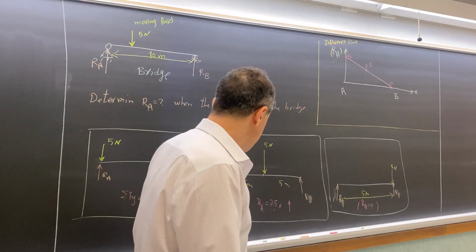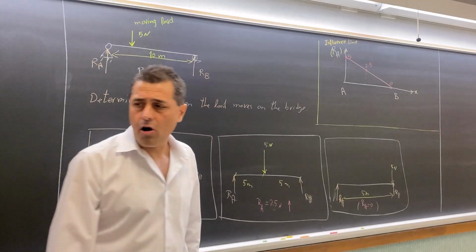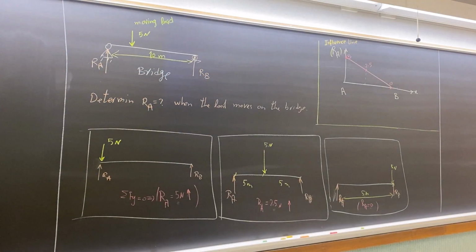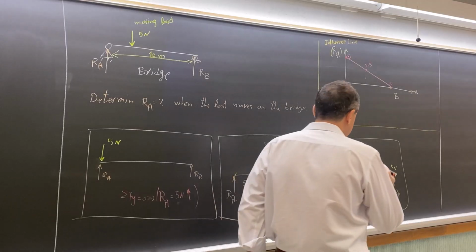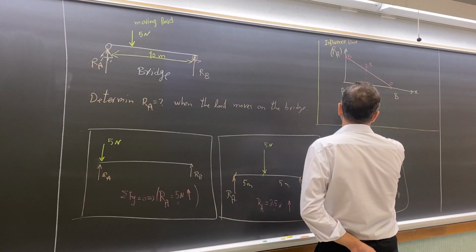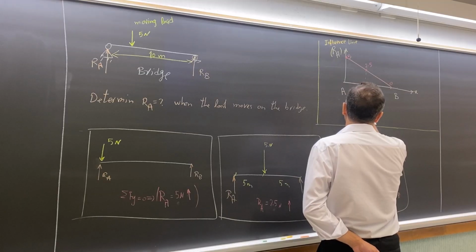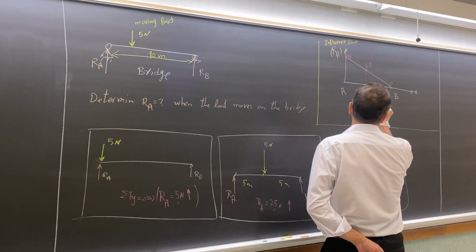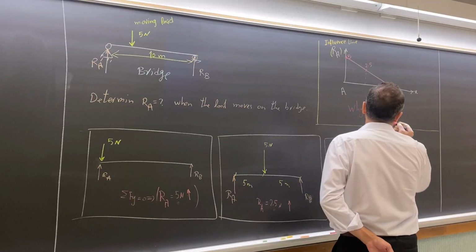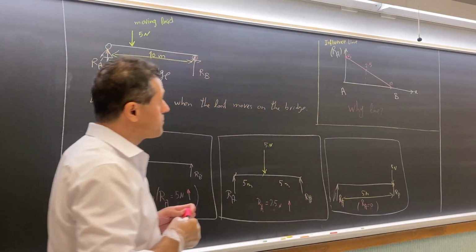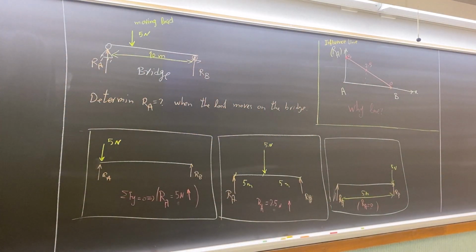My question is why we connect them with a line. Let's try this. Why do we use a line to connect RA for points A and B?